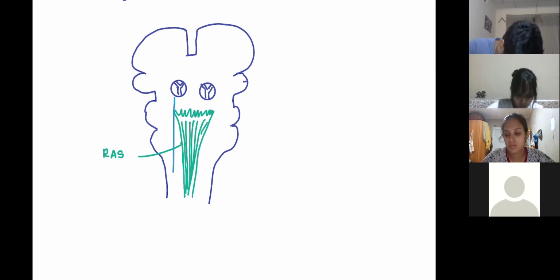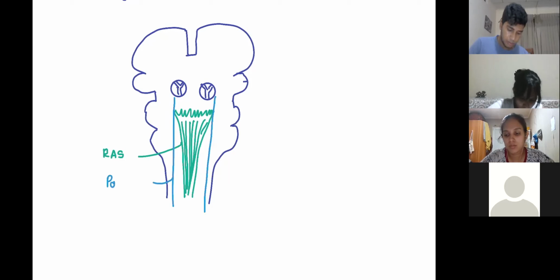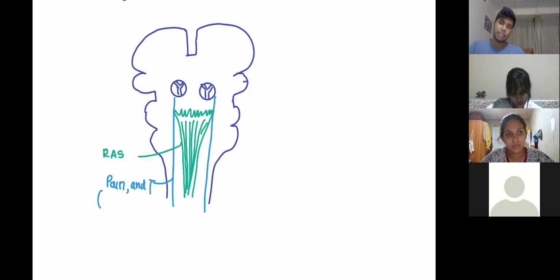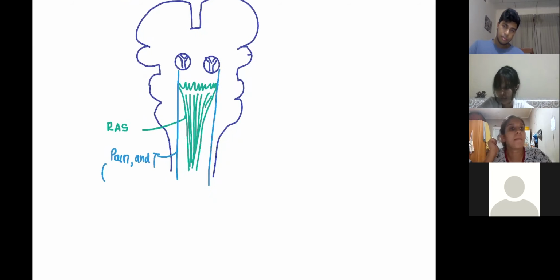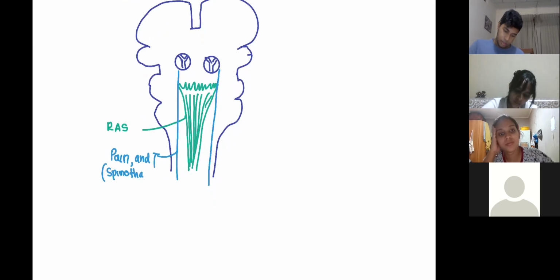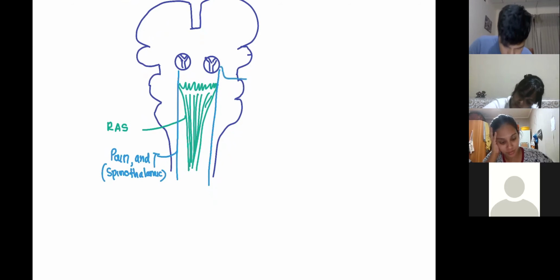It also gets fibers of pain and temperature. Can someone tell me the pathway that brings pain and temperature? Spinothalamic, yes.